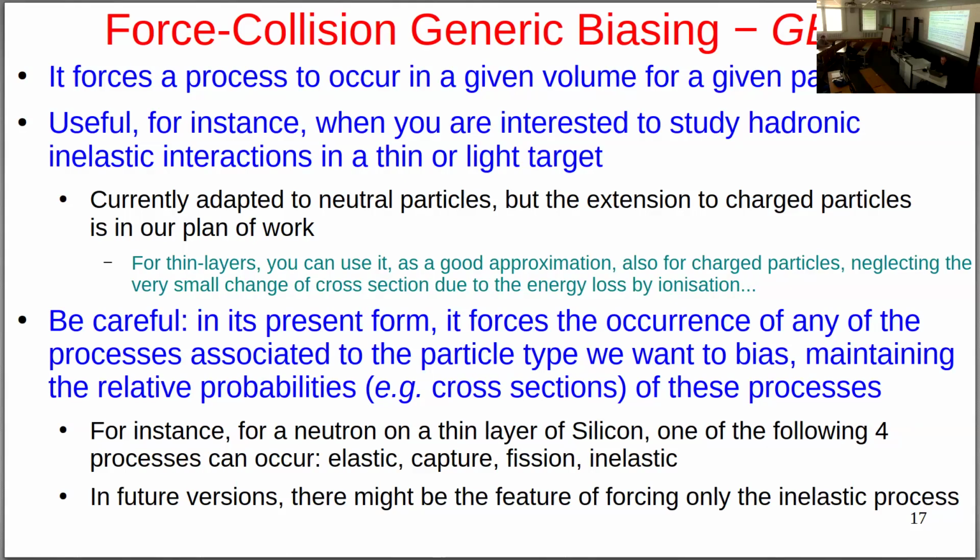As it is right now, one of these four happens, but there is no way, if you put your hands in the code, to have only one, for instance only inelastic, not the others. So it keeps the fraction of the different processes as they are in nature. You're sure that it will happen, but you don't have a way, at least in this format, to specify which of the four processes in this example.